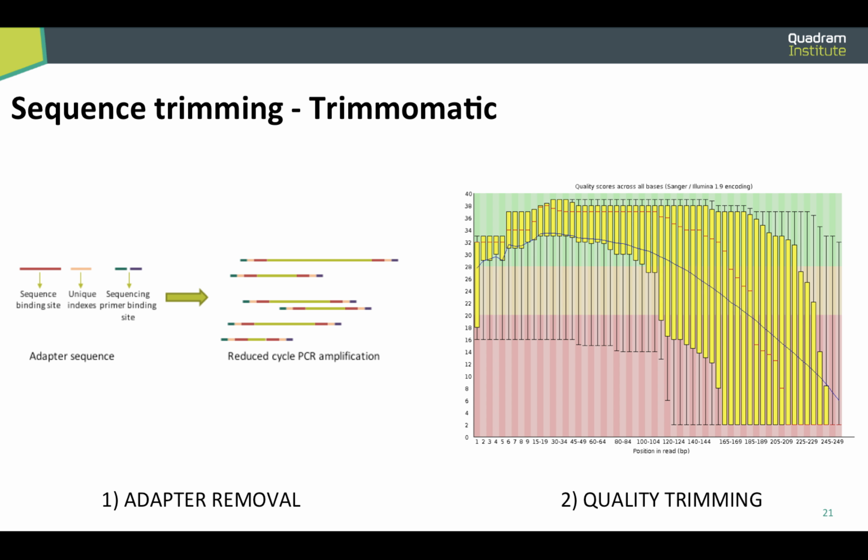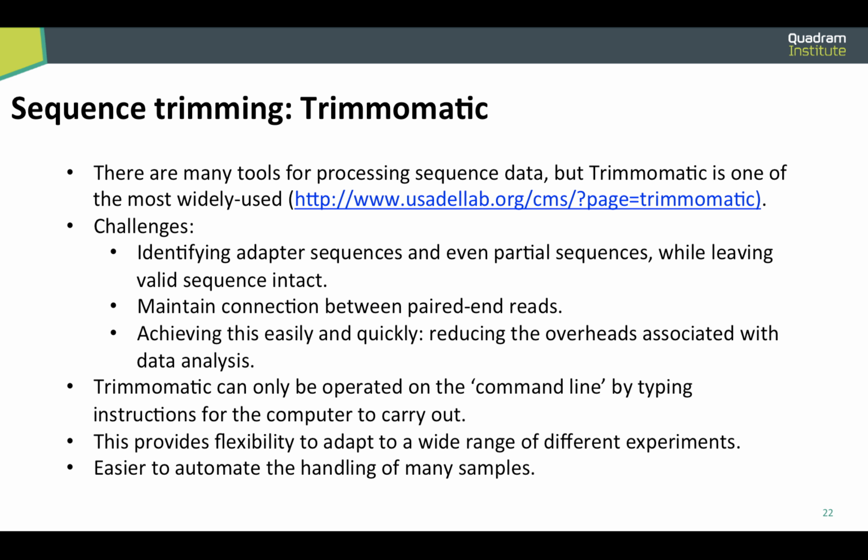You might want to just trim off everything to the right of this, for example, and just keep this sequence for analysis so that you have only the good quality sequence to work with.